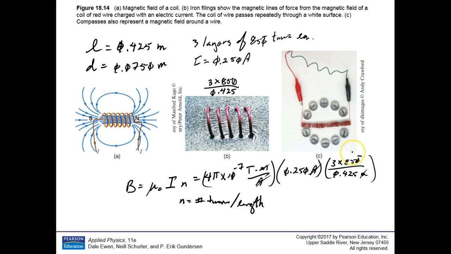This is number of turns per unit length. So that's your N. Should be a pretty decent sized number. This is 10 to the minus 7, so it'll still be negative, but it's going to be like 4 orders of magnitude better. So what would that be?